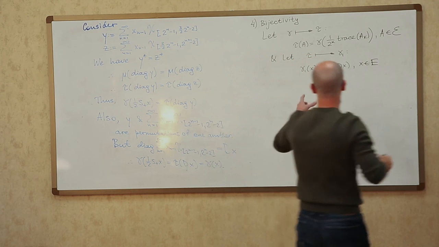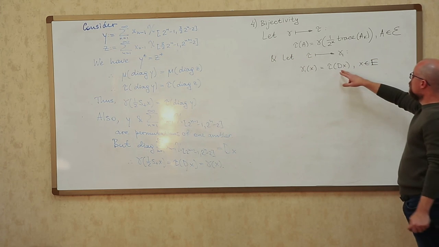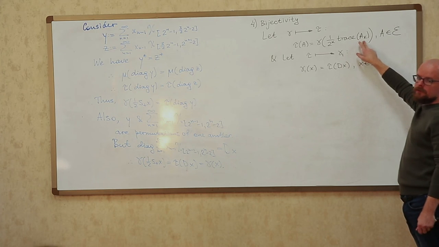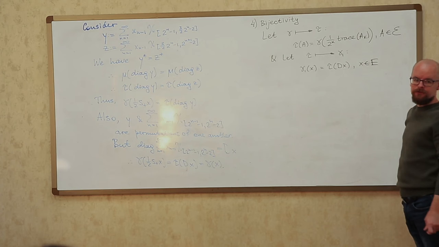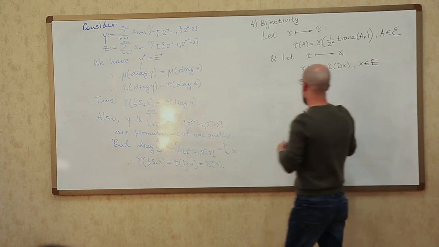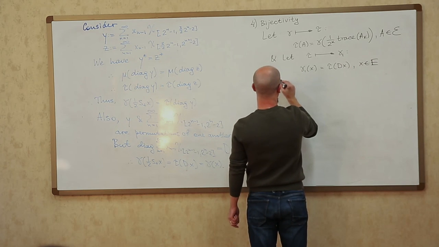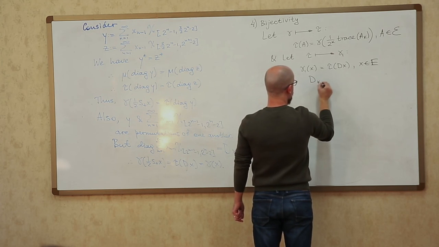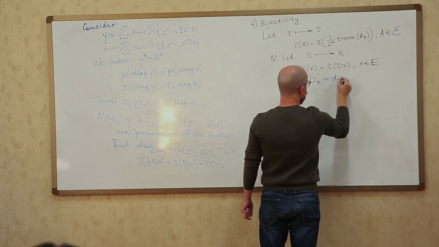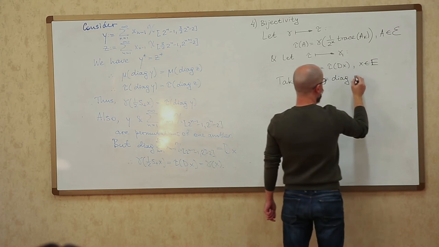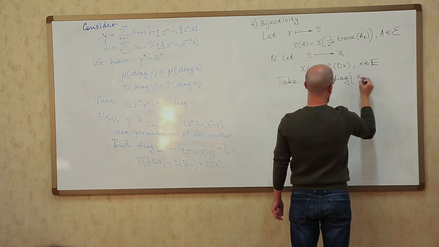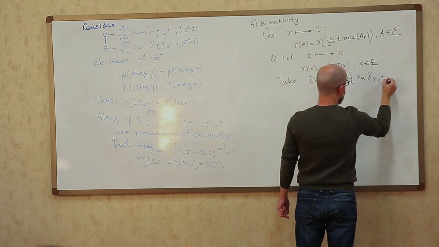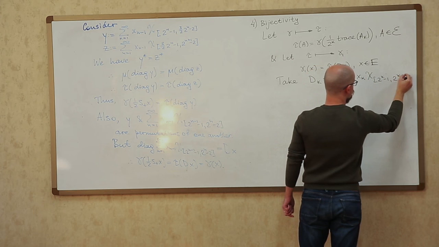Well, first of all, to combine these, we need to write down an E representation of the operator D. And that's fairly simple. Take d_k to be the diagonal operator of x_k on the interval from 2^k - 1 to 2^{k+1} - 2.